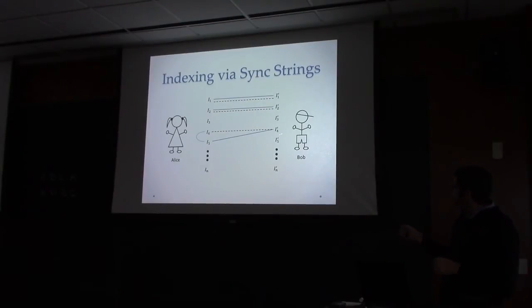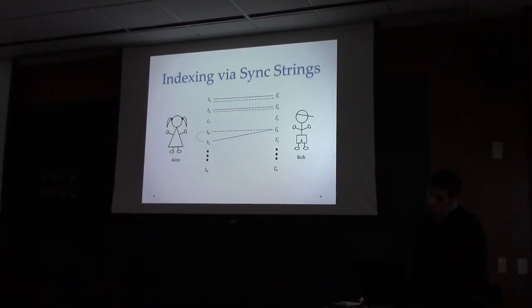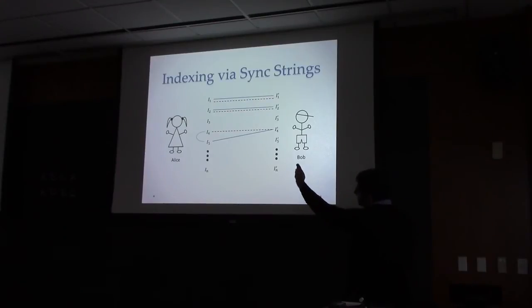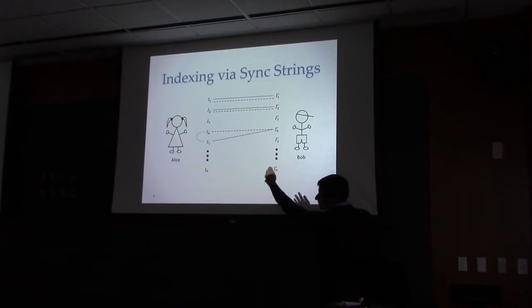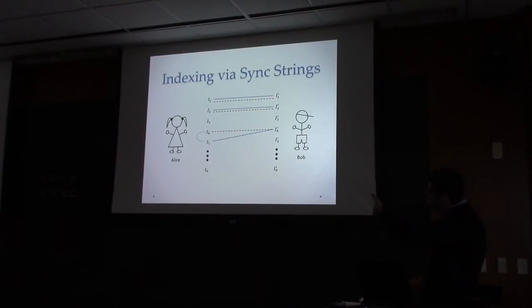If you have too many mistakenly decoded indices on the right-hand side, you are going to have too many of these pairs on the left-hand side. And this contradicts the self-matching property that I just talked about, because having too many of these pairs is like having a very large matching from the left-hand side string to itself. And as the left-hand side string is an alpha synchronization string, that's not going to happen.